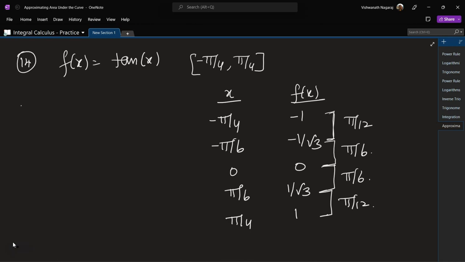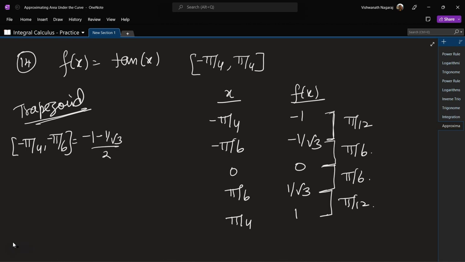Okay, so let's evaluate the area. From minus pi by 4 to minus pi by 6, the area would be minus 1 plus minus 1 by root 3 by 2 times pi by 12, which gives me minus 0.206.